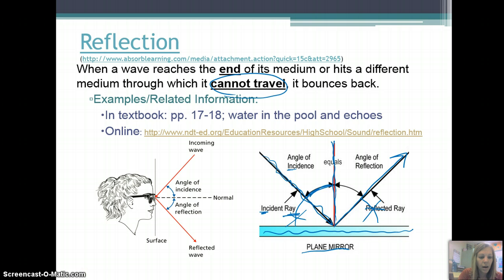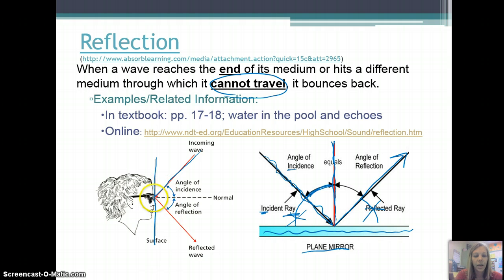Now, on this one, it shows the same thing, but here we've got a vertical barrier medium. It's her sunglasses. As you know, sunglasses can block some UV light depending on what kind of sunglasses they have. And so you have an incoming wave, incident wave, I prefer it be called.